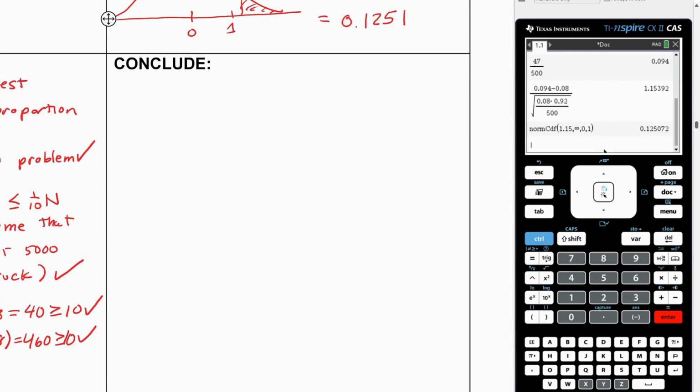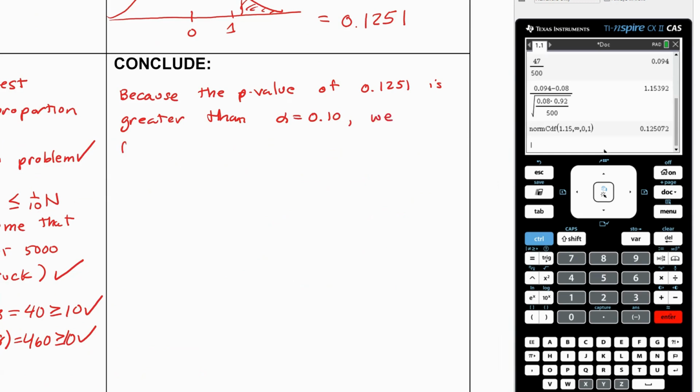And that is because the p-value of 0.1251 is greater than our alpha value of 0.10, we fail to reject H naught.